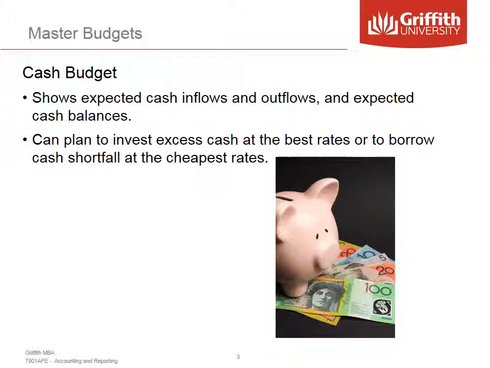Now, it's certainly true that we can possibly develop extra cash flow, excess cash flow, and if that's the case, then we should plan to be investing it and doing something with the cash. And similarly, if it's reasonable to plan for a cash shortfall, which we would hope would be temporary, permanent ones are not a very good signal, then we can plan to borrow or put in facilities to cope with that at the best rates going.